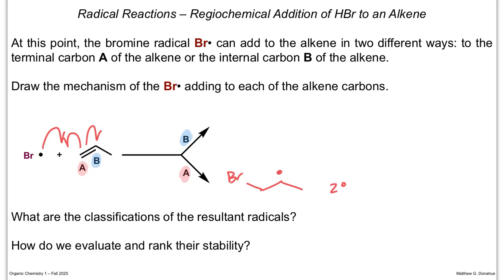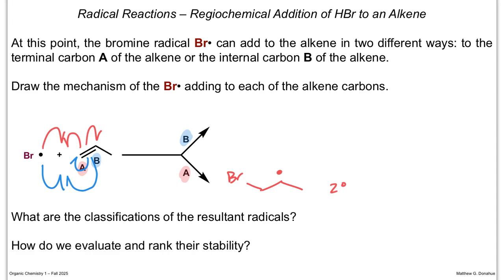So if we classify that radical, we can see that it's secondary. So we'll do the same thing, but now we'll add the bromine to carbon B. I want to do it so that, and then this arrow coming there.